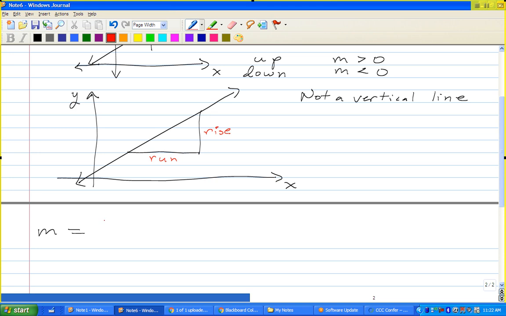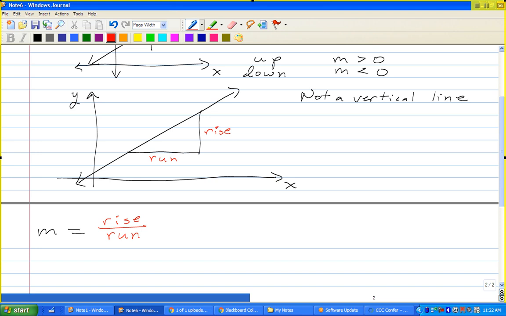So the distance that you move in the y direction over the distance you move in the x direction. With the understanding that your rise is positive if you're going in a positive y direction, and negative if you're going in a negative y direction, and the run is positive if you're going in a positive x direction, negative if you're going in a negative x direction.